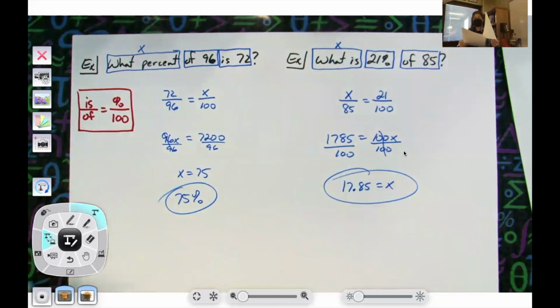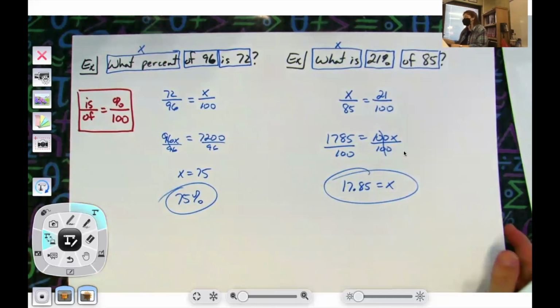Now I want to do some geometry with the algebra. There were questions on the pretest that incorporated what you should know about geometry and then applying the algebra to it.